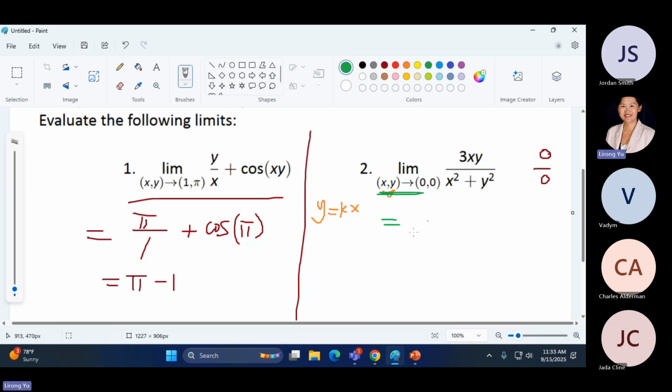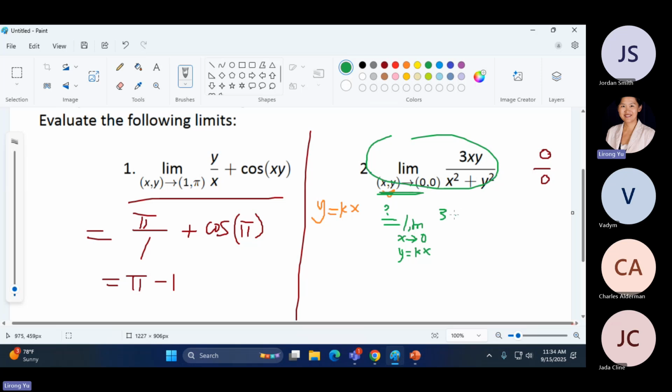And the limit will be, x approaching 0, and then y, and make y equal to k times x. You see, this would equal this if y equal to kx.